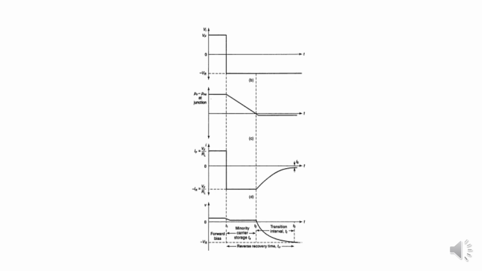And also during the time interval from T1 to T2, the injected majority carriers remain stored, and hence this interval is known as the storage time. And here the time between T2 and the instant T3, when the diode has recovered, is known as the transition time. The recovery is said to be complete when even the majority carriers removed from the junction have diffused to the junction and crossed it.